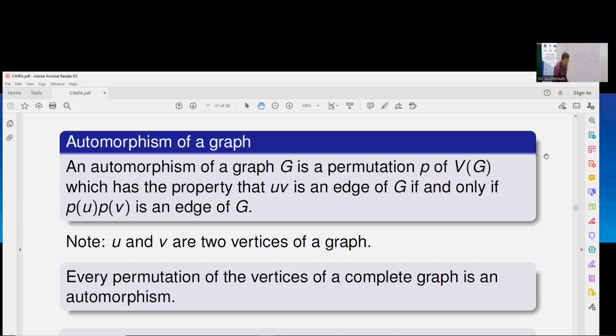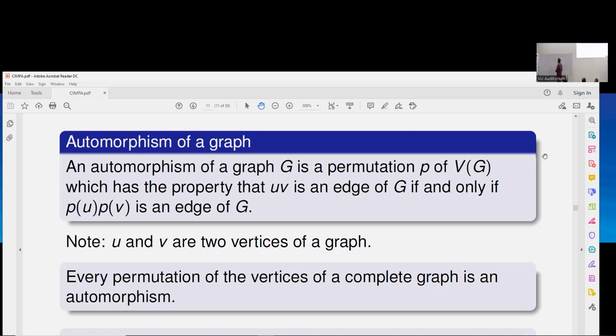So if I have the same graph, and I'm asking, can I have an automorphism which carries this vertex to this place? Well, if you want to put u1 here, an automorphism is a permutation of vertices such that uv is an edge if and only if in the image p(u)p(v) is an edge.